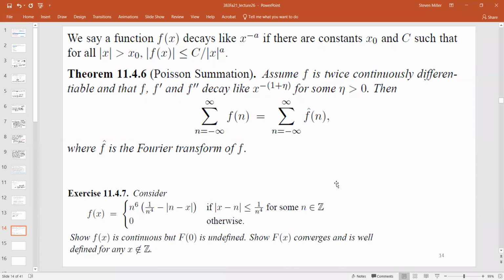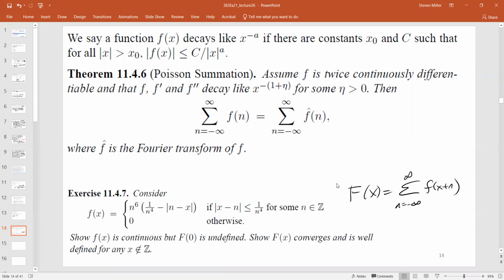This function is definitely continuous, but if I look at big F of x, it will be the sum from minus infinity to infinity of f of x plus n. This is a great function to look at because this big F is going to be periodic. If I replace x with x plus 1, that plus 1 can just be absorbed by all the n's.